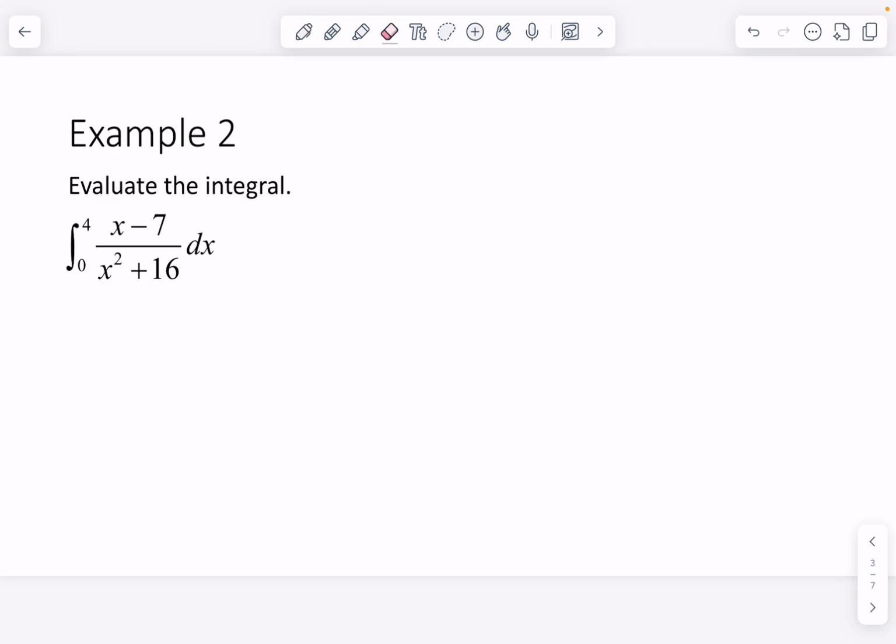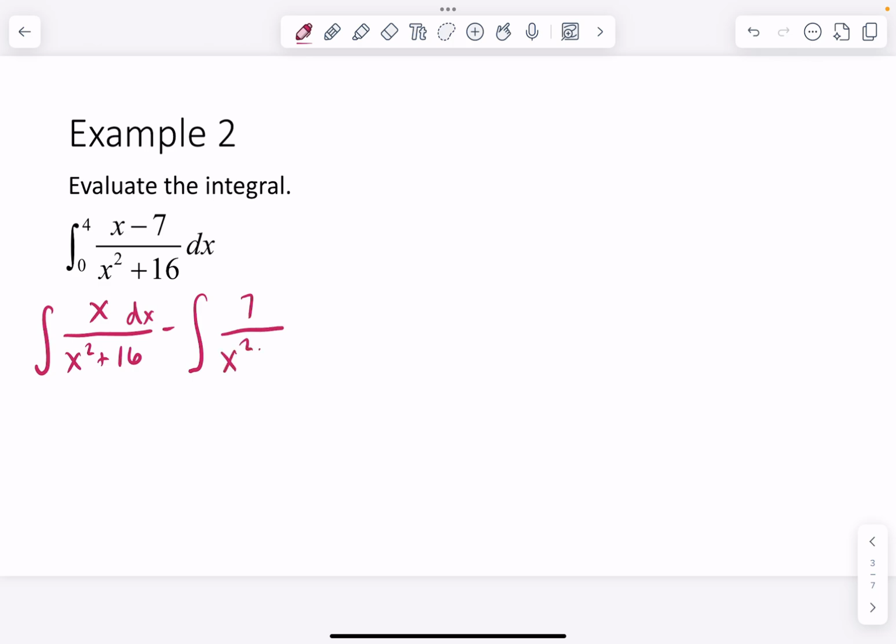The fun way to manipulate this is to do the integral of x over x squared plus 16 minus, don't forget your dx, 7 over x squared plus 16.